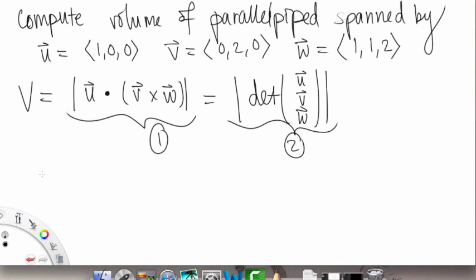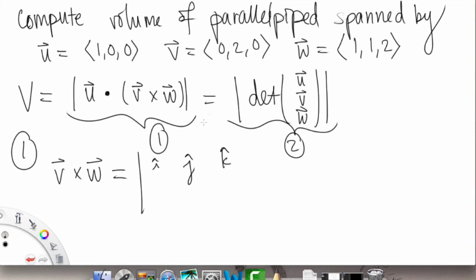So the first way, I'll begin it on this slide. We're going to do v cross w first. Let's set that up. We have i hat, j hat, k hat, then 0, 2, 0 for v, and for w, 1, 1, 2. Now let's compute this.